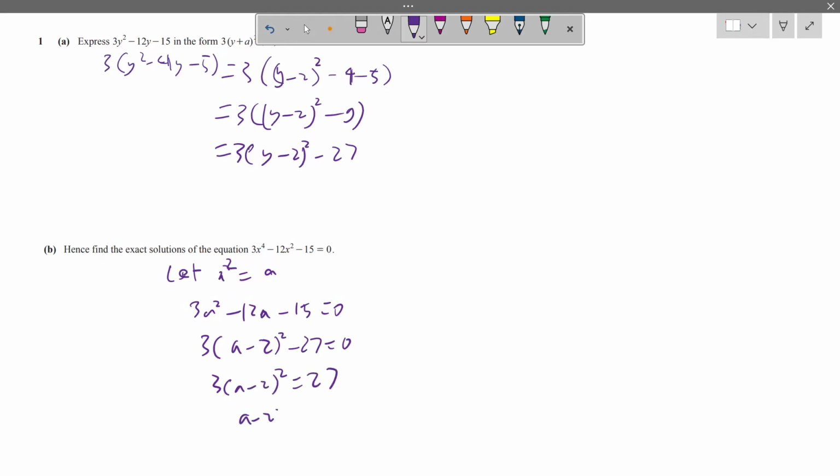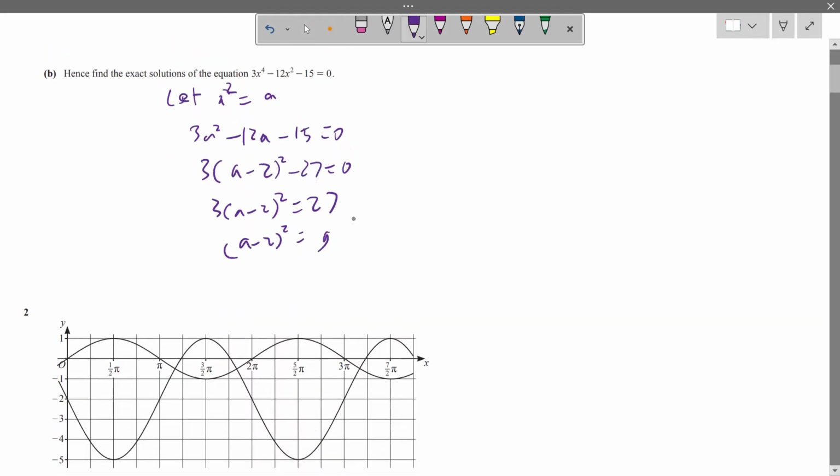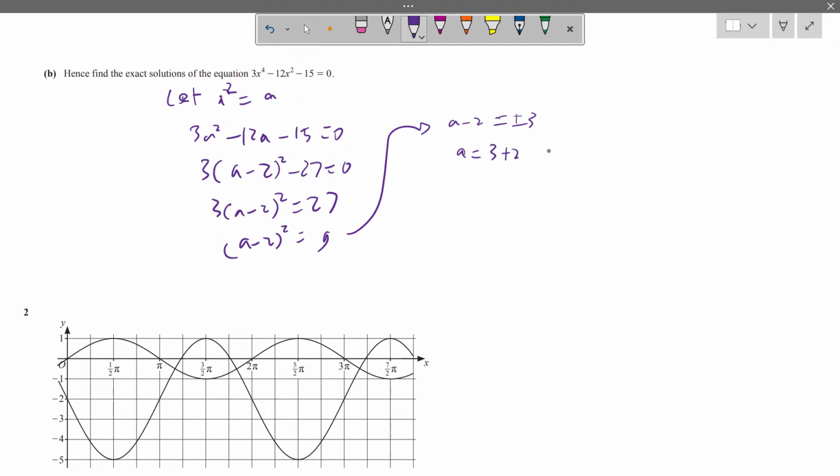And then here we have a minus 2 squared equals 9. So that means a minus 2 is equal to plus minus 3. So a is either 3 plus 2, or a is equal to negative 3 plus 2. So a could be 5, or a could be negative 1.